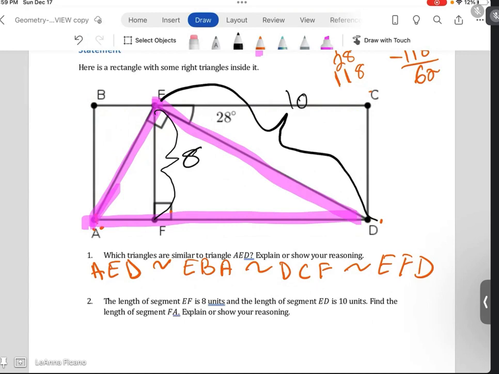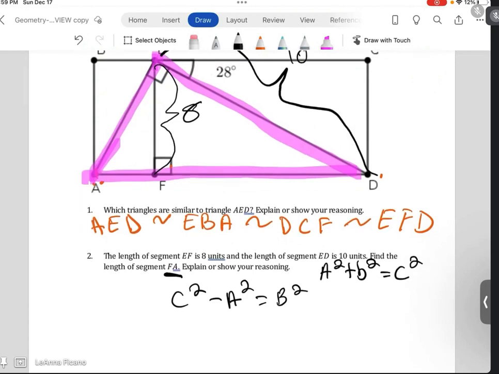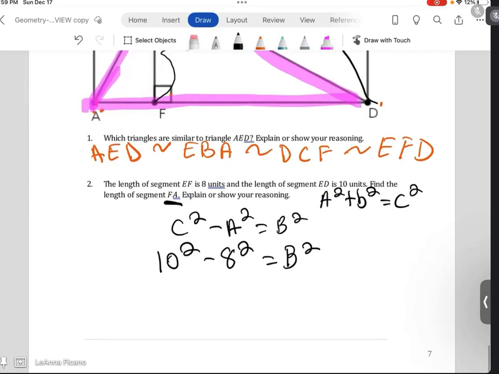Okay, find the length of FA. So I'm going to use the Pythagorean theorem, A squared plus B squared equals C squared. And in this case, we have C squared minus A squared equals B squared, because we have our hypotenuse. So we have 10 squared minus 8 squared equals B squared. Square root of 100 minus 64 equals B.